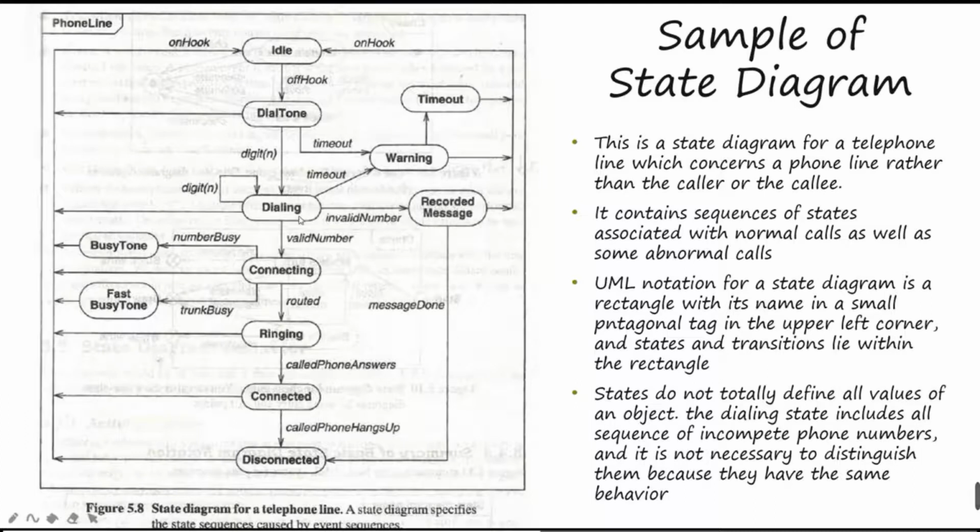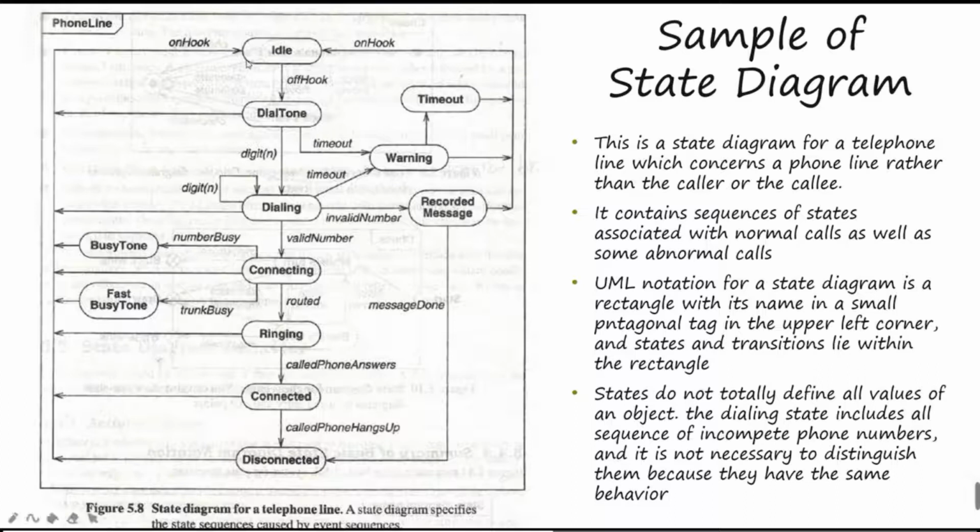But we needn't care much in this state what the detailed number is. But we need an attribute here to store what the phone number dialed is, and then we will check whether it is valid.